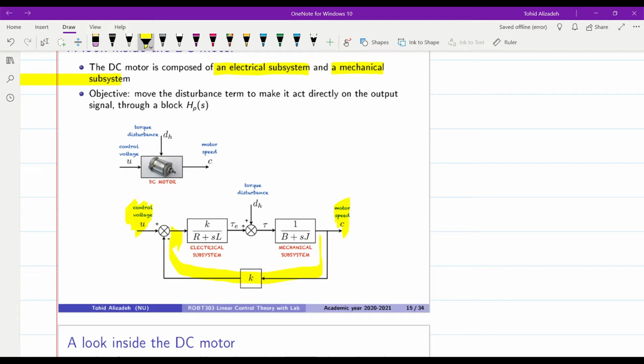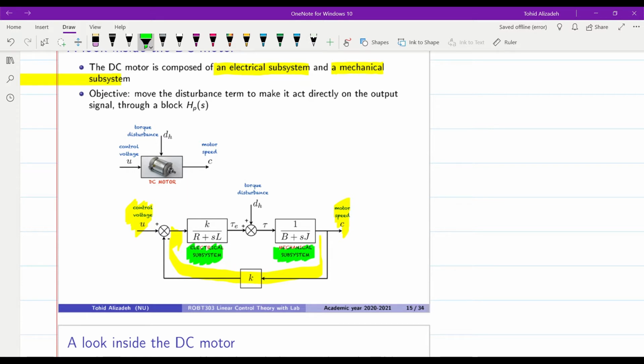It has nothing to do with the control system, with the feedback that we have for the control system at all. Inside the DC motor, we have the electrical subsystem, which is represented by a transfer function K over R plus S times L. And there is also the mechanical subsystem, 1 over B plus S times J, as the transfer function.